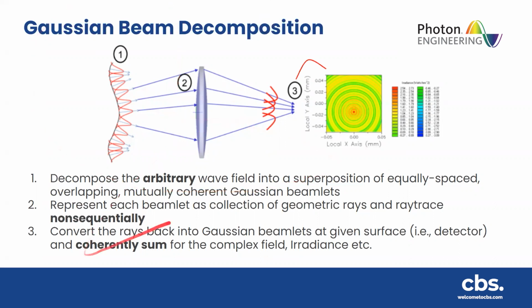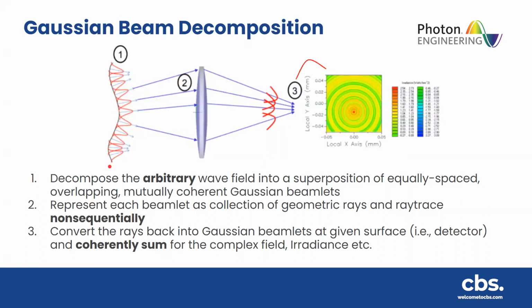And hopefully this diagram and these 3 bullet points explain the overview of what it does. It's a nice, elegant, flexible technique, and it's broken down into 3 stages, essentially. So let's say you've set up a source in your ray tracing software in FRED, and it has an arbitrary field, arbitrary phase, arbitrary profile. What FRED does before it does any sort of propagation through the system is decompose this into a series of small overlapping Gaussian beams.